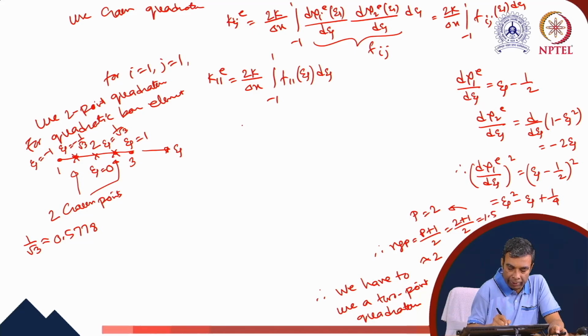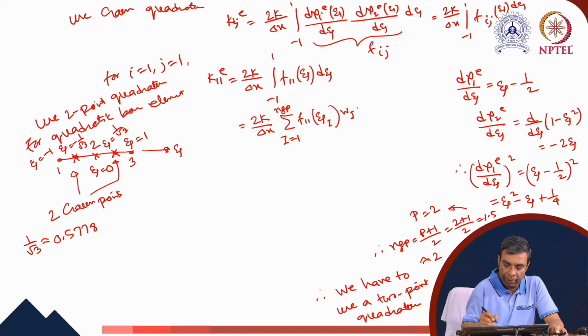So this we write as 2k by delta x, summation i equals 1 to ngp, f11 at xi i times wi, equals 2k by delta x, where i varies from 1 to 2, f11 xi wi.